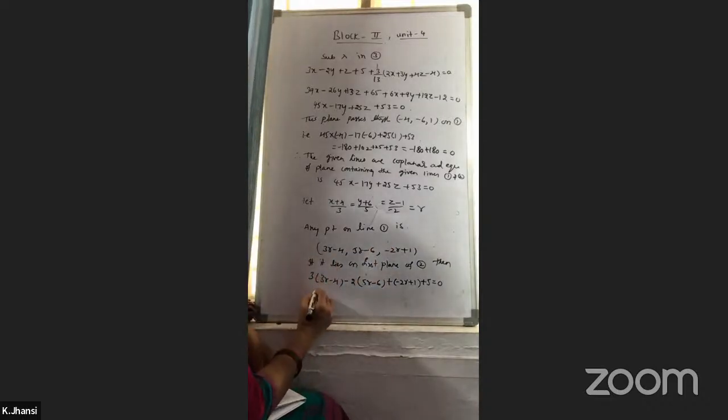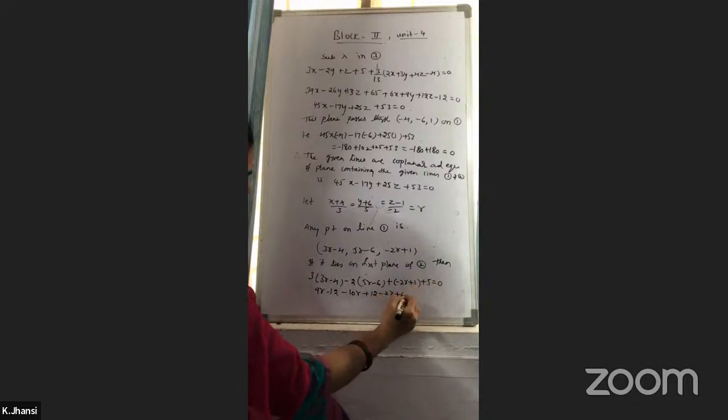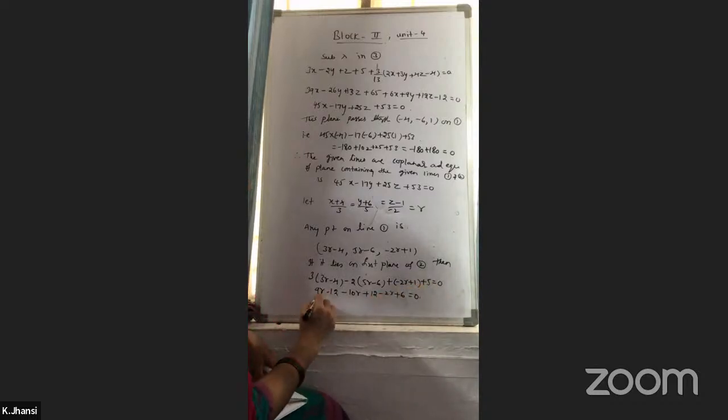When you simplify this, this is 3 3s are 9r minus 12 minus 10r, minus into minus plus 6 2s are 12, so minus 2r plus 5 plus 1 is 6. Okay. 9r minus 10r means minus r, minus 2r means minus 3r. Minus 12 plus 12 will get cancelled.